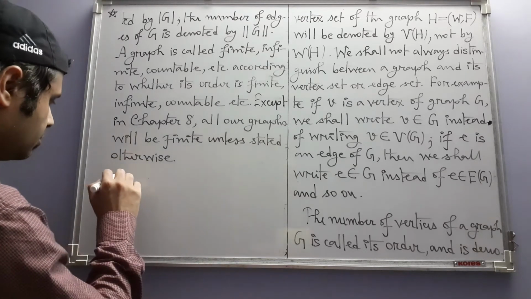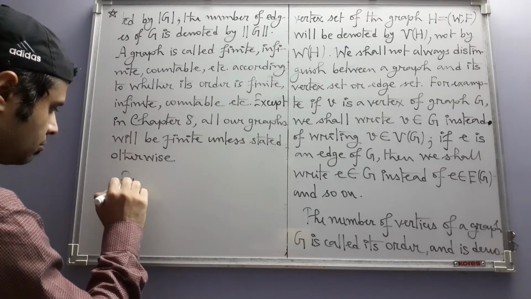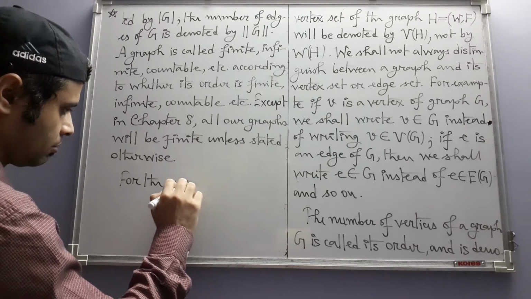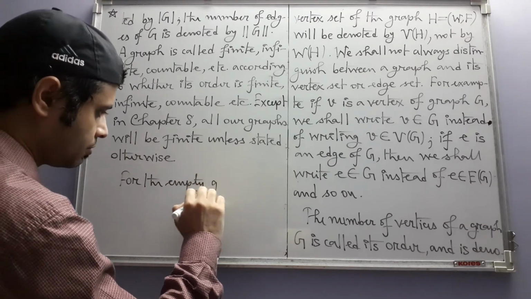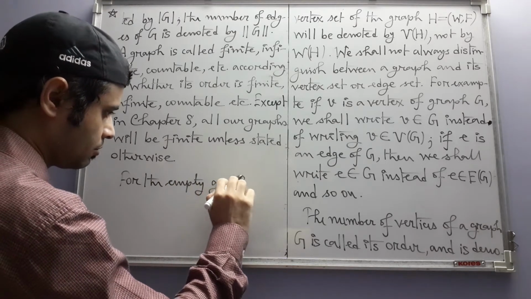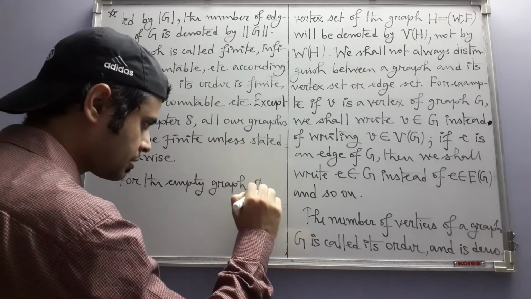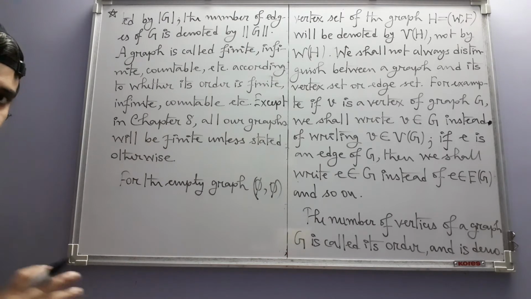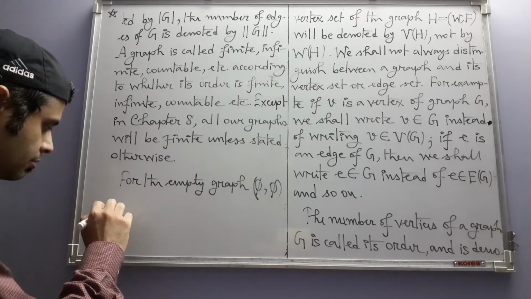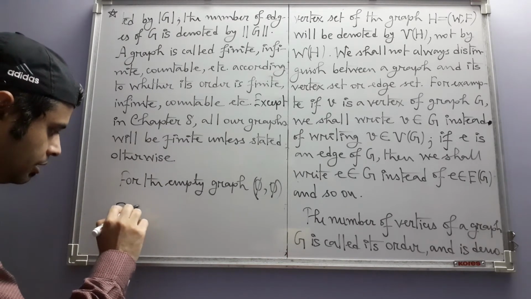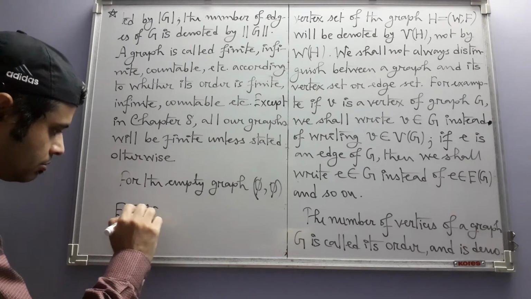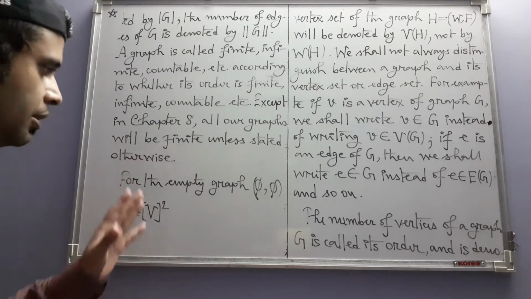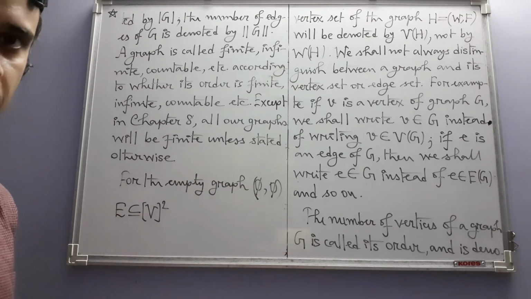Okay, for the empty graph, both the vertex set and the edge set are empty. Note that this restriction that we have put on E forces E to be empty when V is empty.